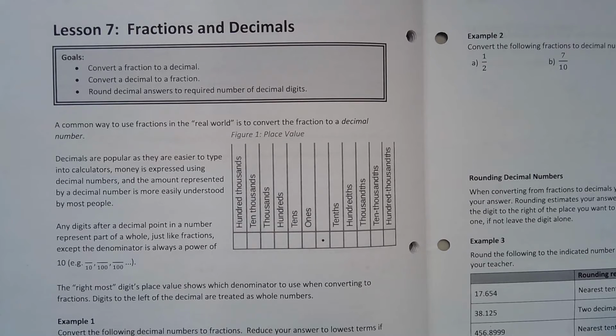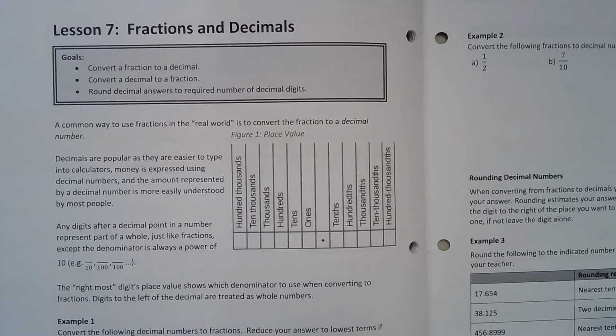There's a couple ways I could prove it. I could use the cross multiply method: 3 times 4 equals 1 times 12, so that proves it. I could also find the decimal equivalent. Any fraction can be converted to a decimal. This bar does mean division. So 3/12 represents the number 3 divided by 12, which is the decimal number 0.25. 1 divided by 4 is also 0.25, and this is where you can use your calculator.